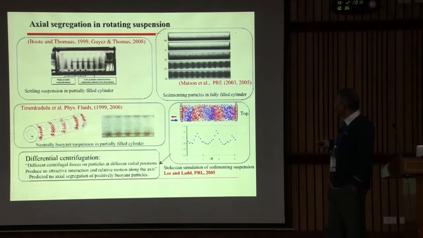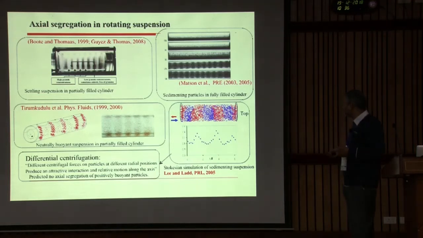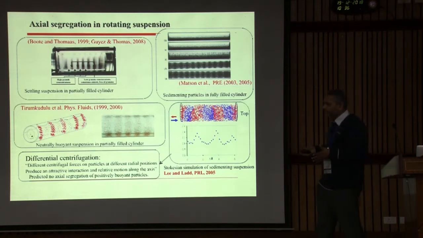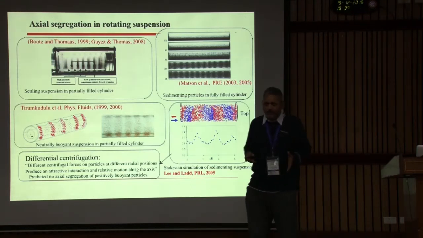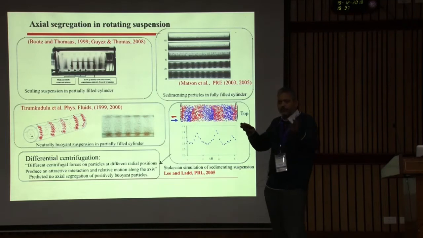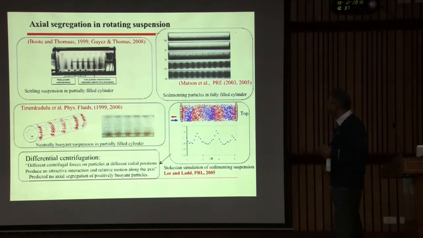By looking at the motion of these particles, in this case the blue ones are moving towards one direction and the red ones towards the other, they could infer that there is cluster formation and axial segregation. They could also see in the concentration plot that you do get the peaks, and the wavelength of these peaks is of the order of what you observed in the experiment, which is of the order of the diameter of the cylinder.